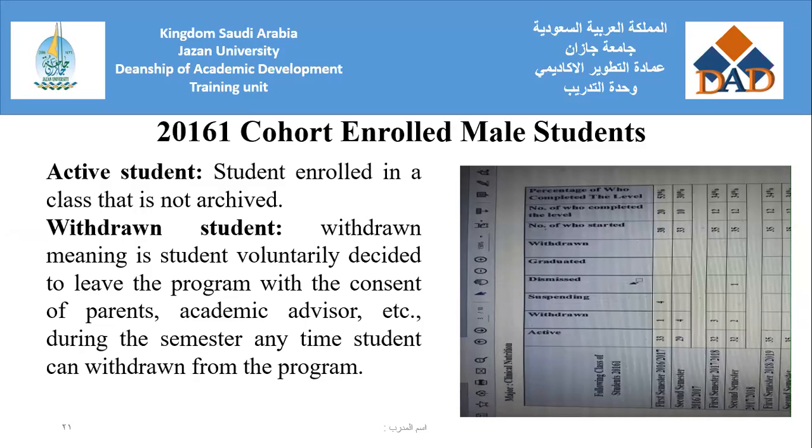Here, active students is one heading. Active student means a student enrolled in a class that is not archived. Withdrawn student means a student voluntarily decided to leave the program with the consent of parents, academic advisors, etc. During the semester, at any time a student can withdraw from the program.